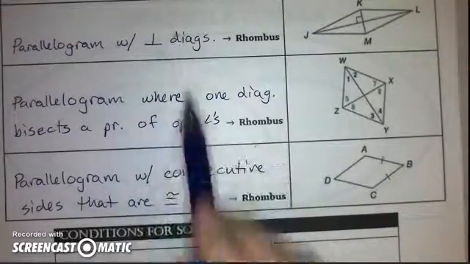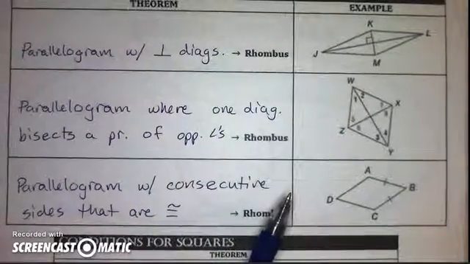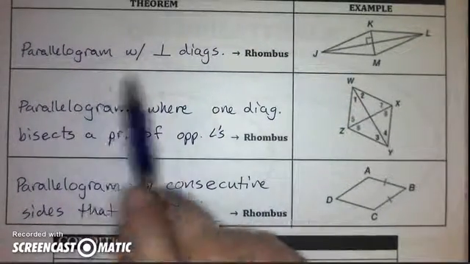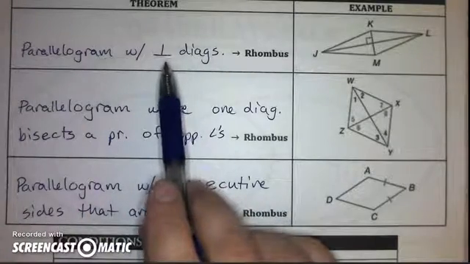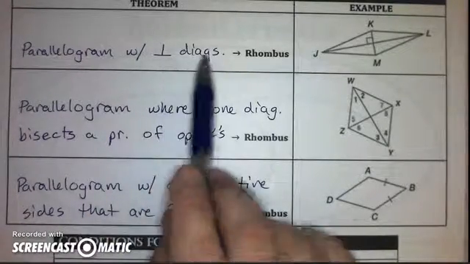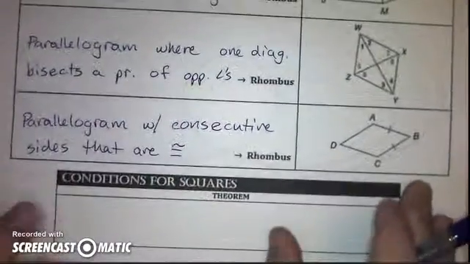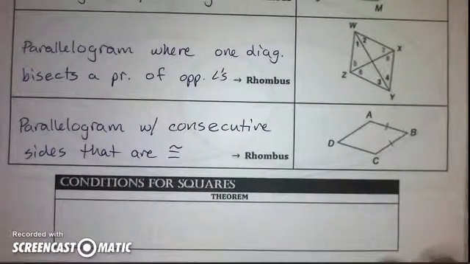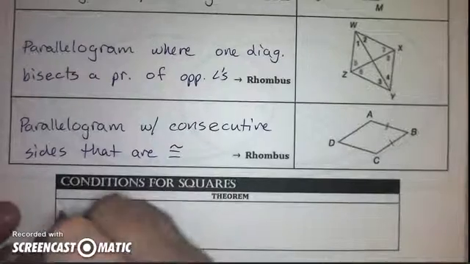So these are the conditions for showing that something is in fact a rhombus, and we will use these diagonals being perpendicular in our coordinate geometry on the coordinate plane most of the time. And lastly, we have one condition for a quadrilateral being a square, and that's this.